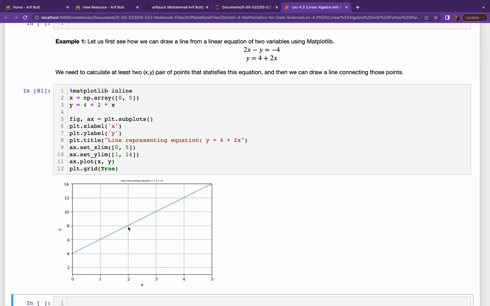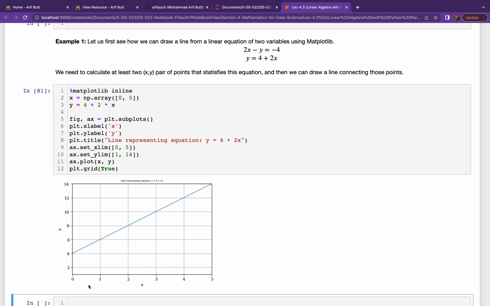For 2 I have the corresponding y value of 8, and so on. Each point on this line corresponds to a solution of this equation. So this equation y is equal to 4 plus 2x has infinitely many solutions.